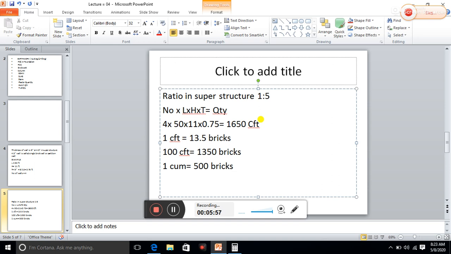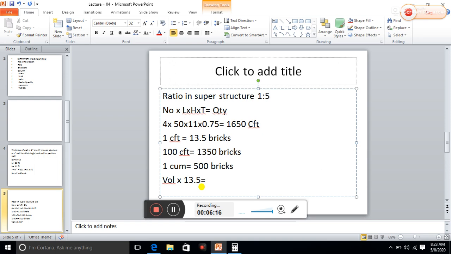Our quantity is in cubic feet, and that is 1650 cubic feet. So we will multiply the volume by 13.5.